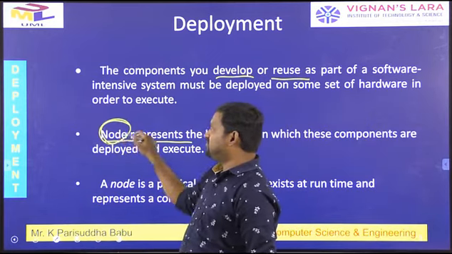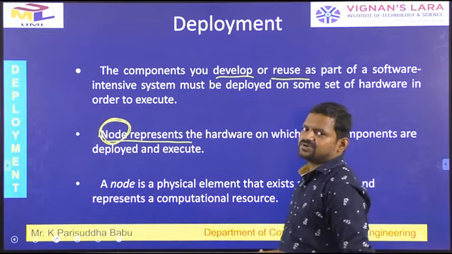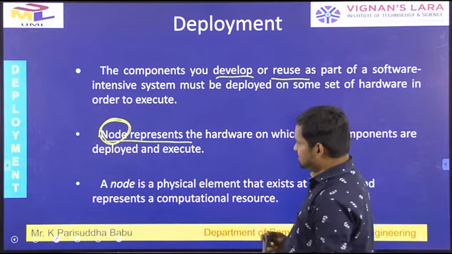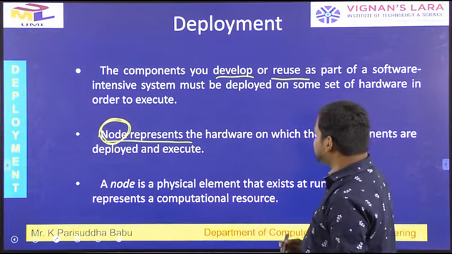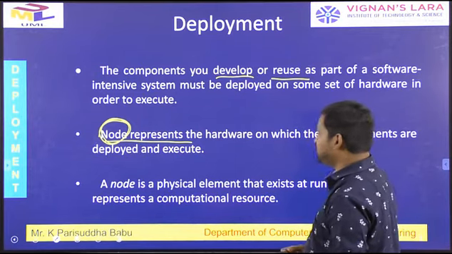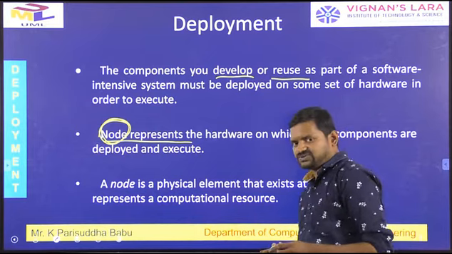For the deployment diagram, the major part of the deployment diagram is the nodes. A node represents the hardware on which these components are deployed and execute.